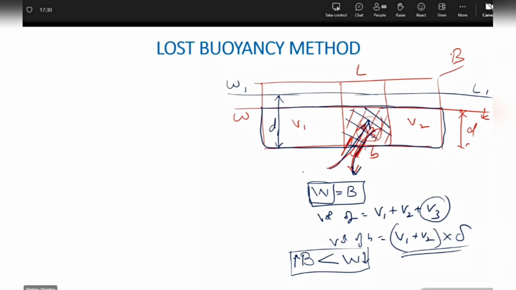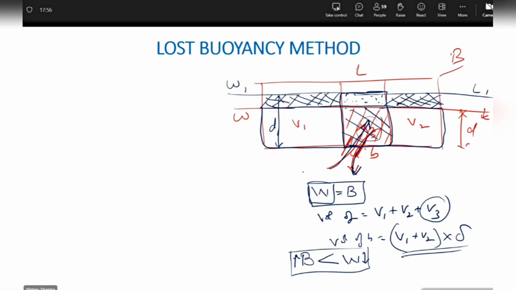Now, as the vessel sinks, the water rises in the compartment to this level. So this part of the volume still does not provide buoyancy. But what has happened is, this is the extra volume which has gone down underwater. These two volumes will provide the extra buoyancy.